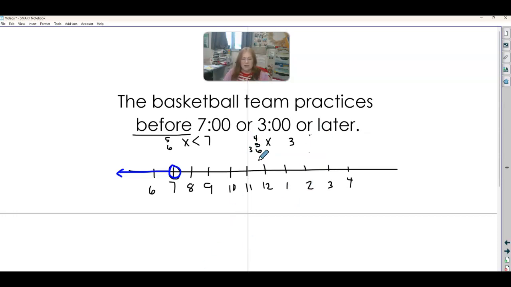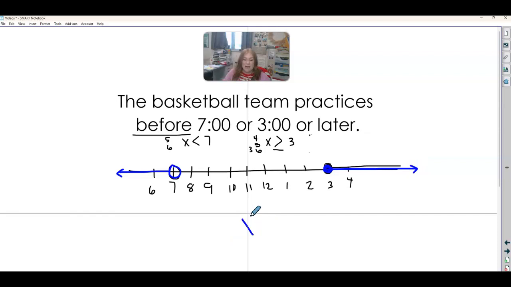So here's our solution set. All of these are greater or equal. So I'm going to find 3, and we're grabbing that. It includes it, fill it in. And it could be 4, 5, 6. So it's going in that direction. So we have one that's open. They can't practice at 7. They can practice till 6:59, but not at 7. But this one, they can start right at 3 o'clock or later.